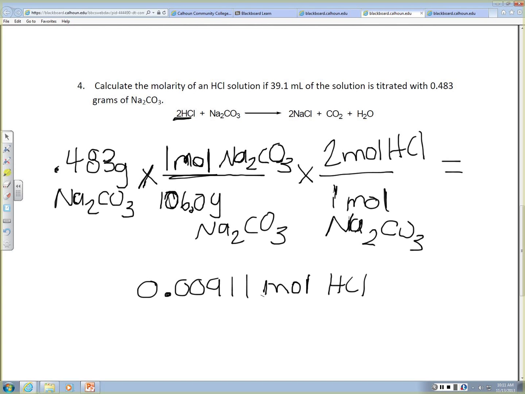To get molarity, we now divide by our volume. We're in moles this time, so we'll need to convert to liters.